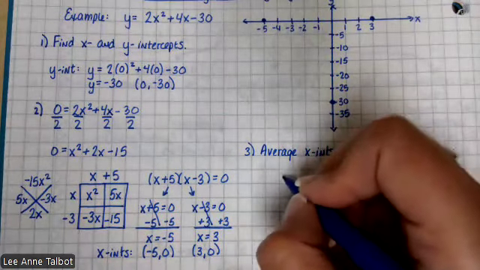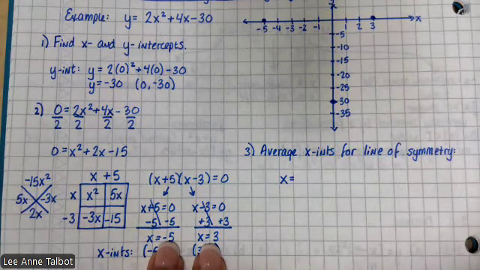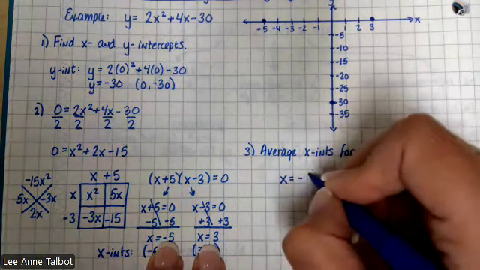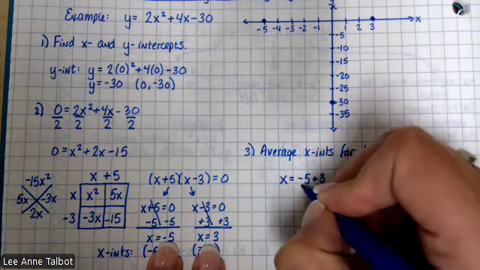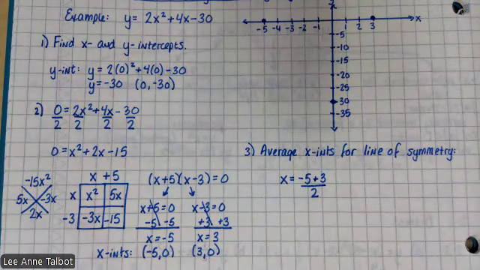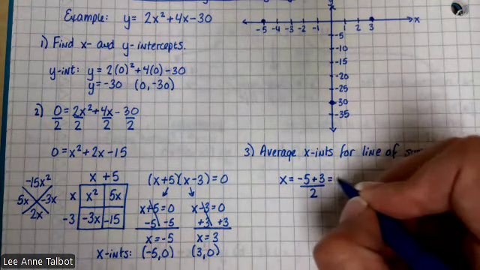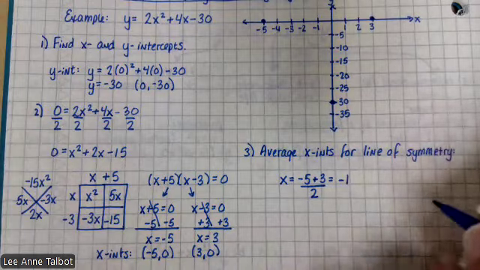Okay, so what you do is you take x, you say x equals, and then you add the two x-intercepts you have, and you divide by 2 because there's two numbers, so that's how you average. You add and divide by however many there are. And this is -2/2, which is -1.